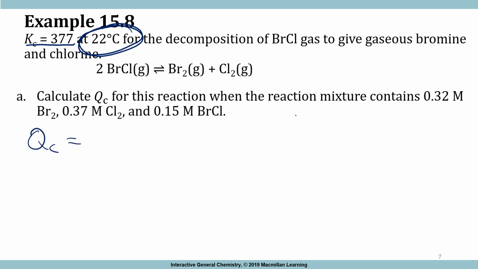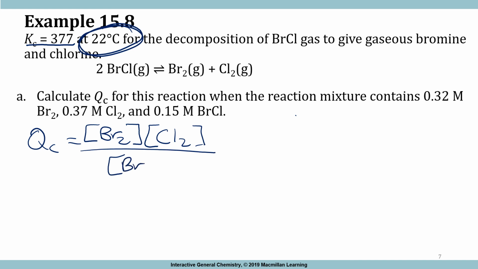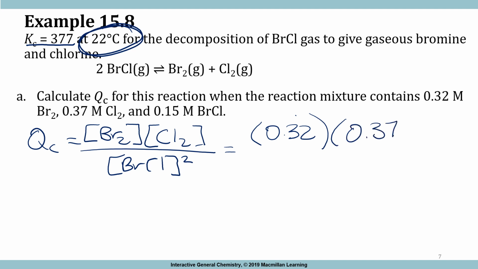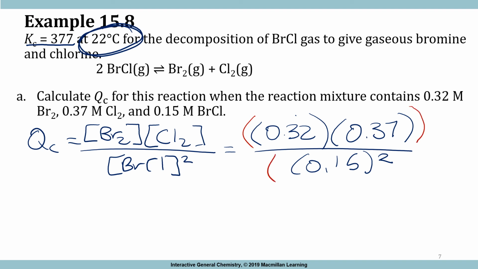So our Qc will just be the concentration of Br2 times the concentration of Cl2 divided by the concentration of BrCl squared. So now we can just plug in those values. And make sure when you're plugging this into your calculator that your parentheses are correct.